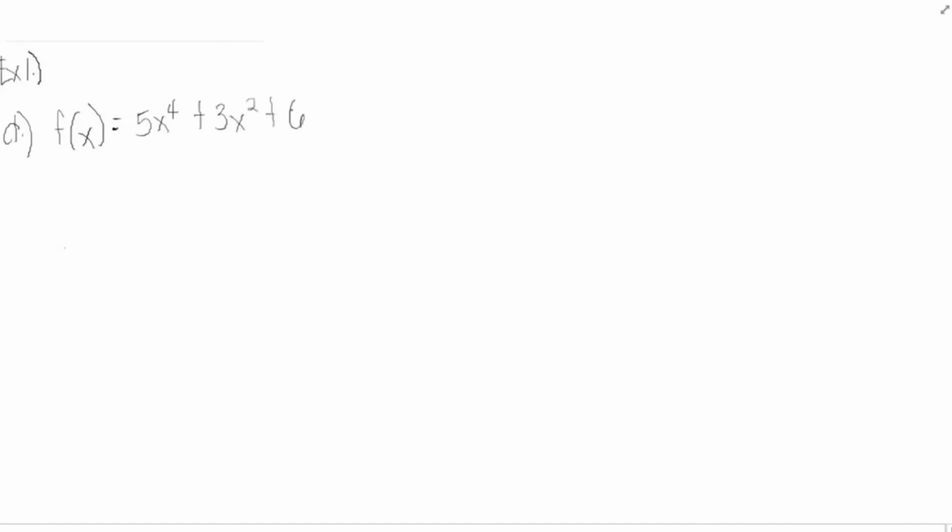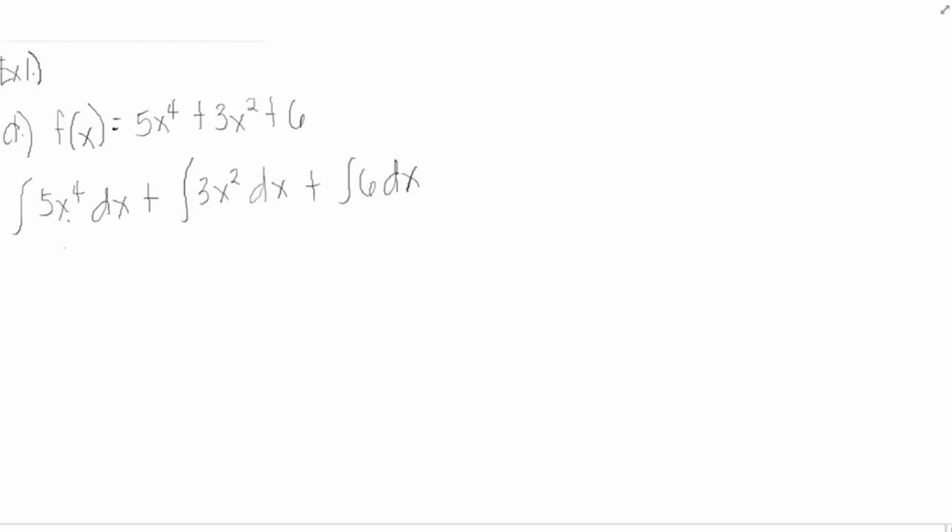So, yung gagawin natin is to separately integrate each term. And then, apply natin yung multiplication by constant and power rule. And so, we have integral of 5x raised to 4 dx plus the integral of 3x squared dx plus the integral of 6 dx.